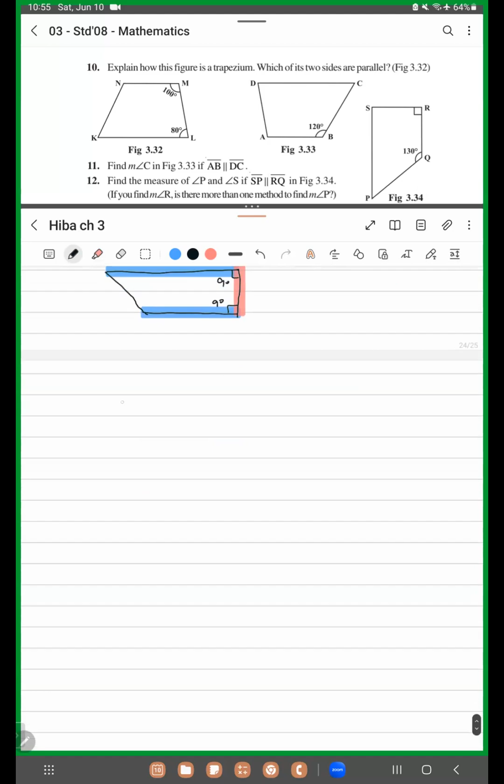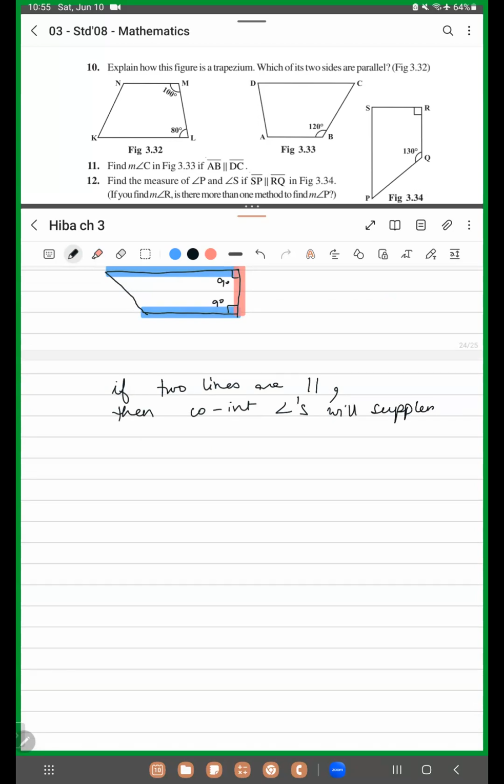हमें क्या पता है होता है कि if co-interior angles are supplementary, or rather, let's take it like this. If two lines are parallel and there is a transversal between them, then co-interior angles will be supplementary. Yes or no?